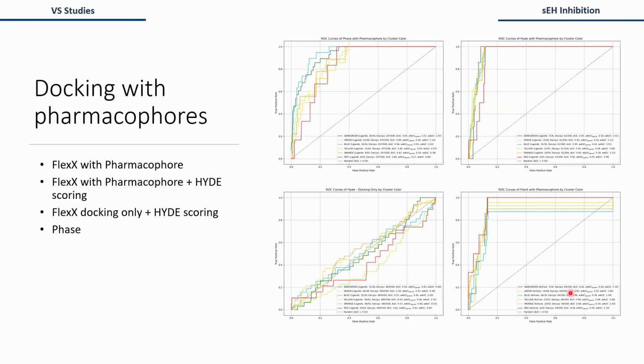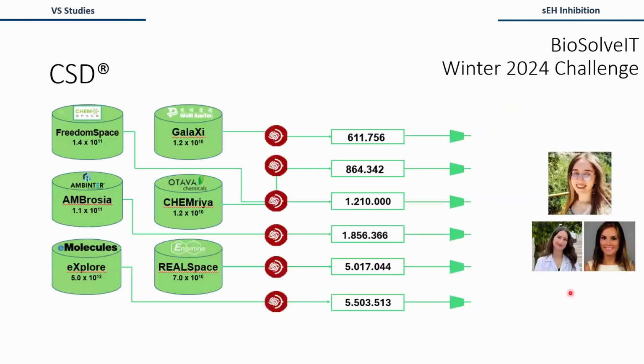Therefore, we were pretty sure that we could use the pharmacophore and docking approach together with FlexX in a chemical space docking campaign. In this way, we could screen billion and even trillion level chemical libraries, and simply filter those huge databases with chemical space docking and reach thousand to million scale results.